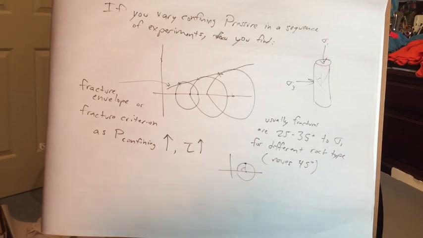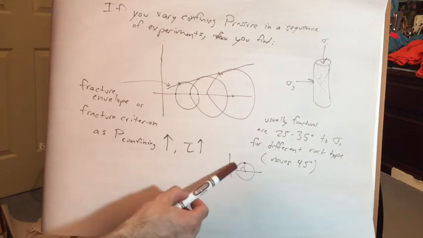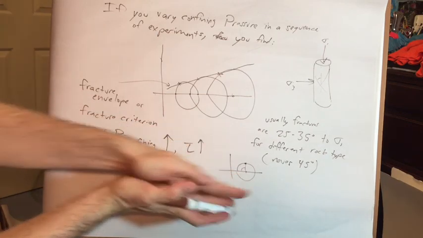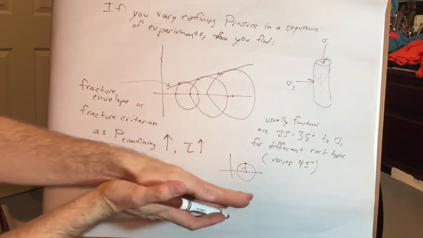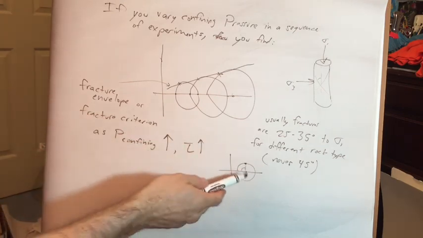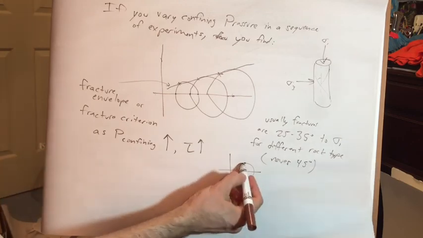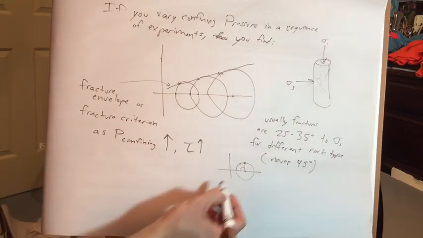So it is the shear stress on those surfaces that's going to cause them to actually fracture. So you'd think maybe that when the shear stress was the largest, that's when the fracture would occur. But instead, it tends to be off to the side there.